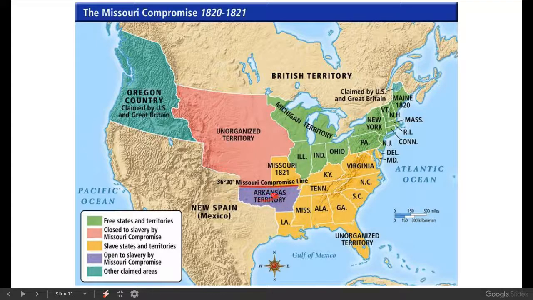And this territory down here in purple would be open to slavery because here is our 36°30′ line, southern border of the state of Missouri. So anything south of that could be slave states. Anything north of that could be free states. Okay. And then, of course, Missouri is the exception to that. They're going to be a slave territory. Okay.